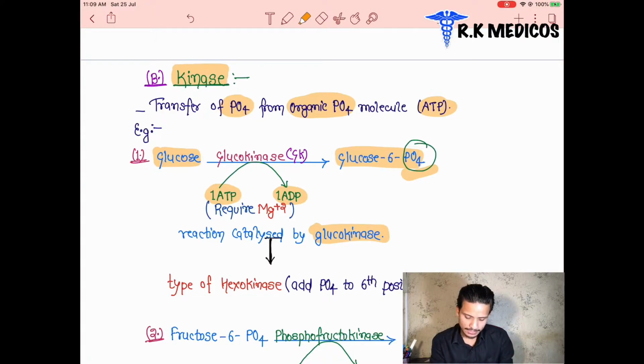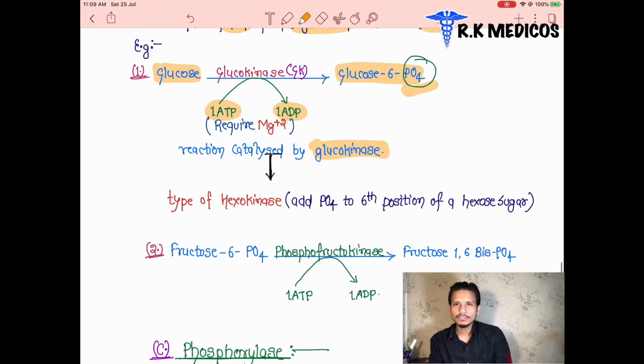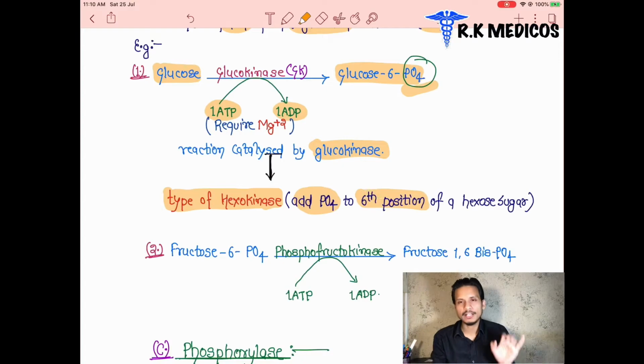So next, we can see the glucokinase. Kinase means the addition of phosphate. And magnesium is used for catalysis of the reaction. Next we can see the types of hexokinase. It adds the phosphate group on the 6th position of all the hexoses.